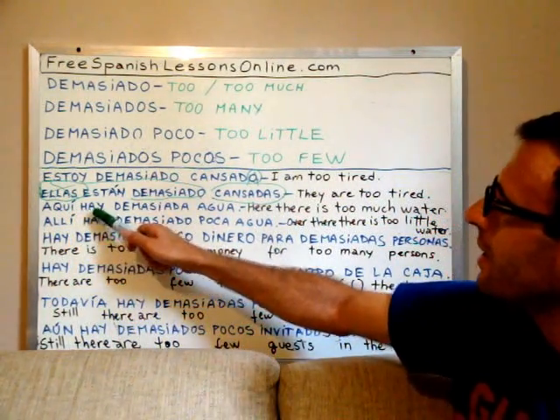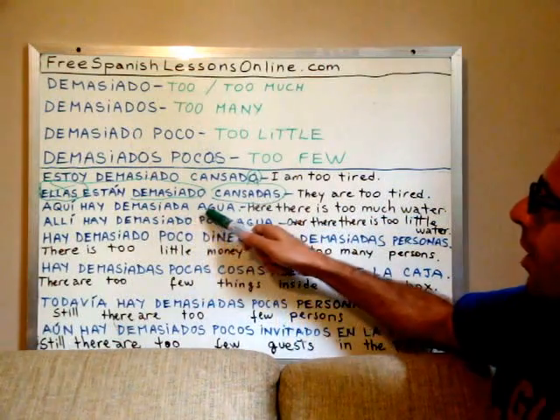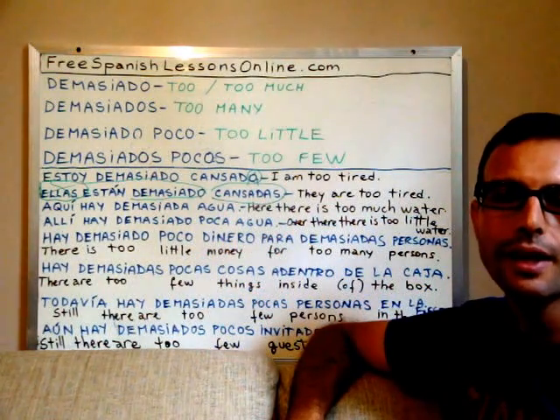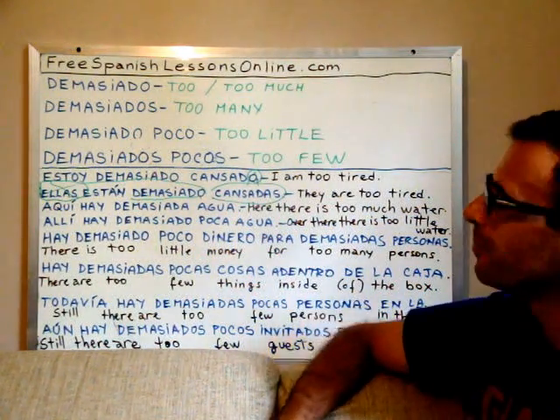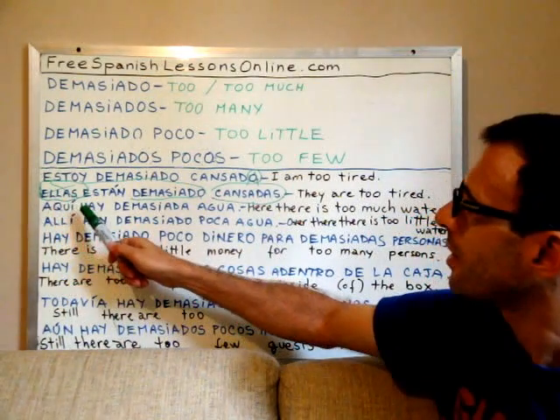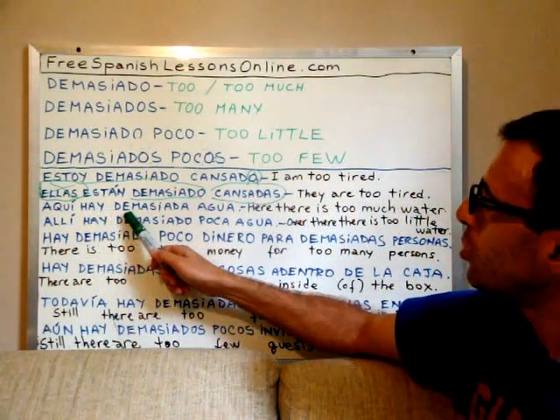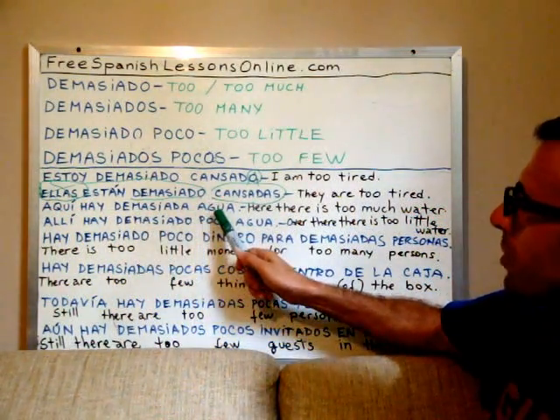Aquí hay demasiada agua. Here there is too much water.